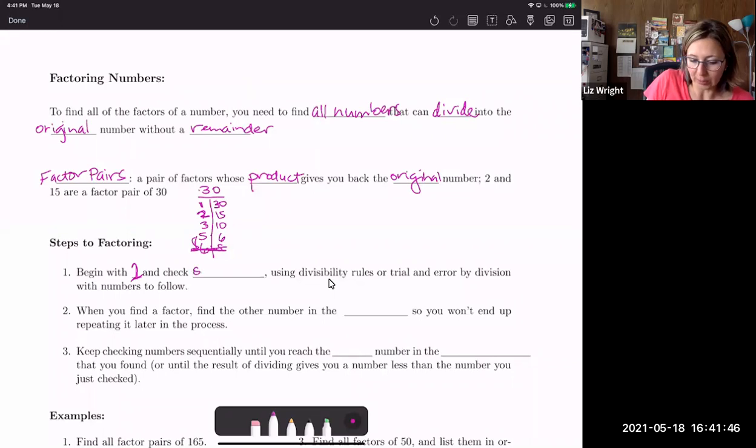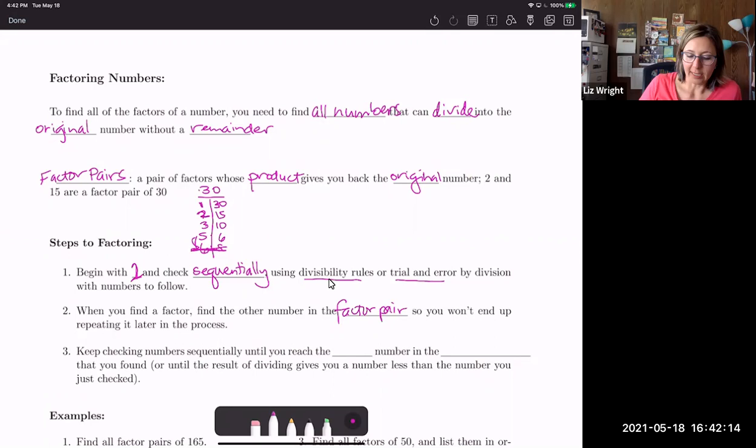And then we're going to check sequentially, using divisibility rules or trial and error. So you can do either one of these by division with numbers to follow. When you find a factor, find the other number in the factor pair, so that you won't end up repeating it later in the process.